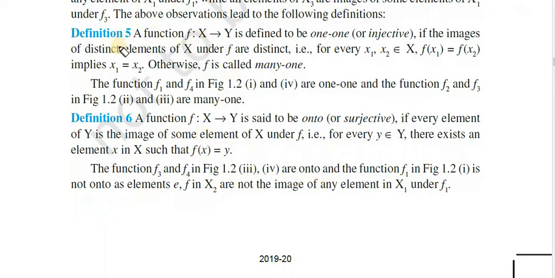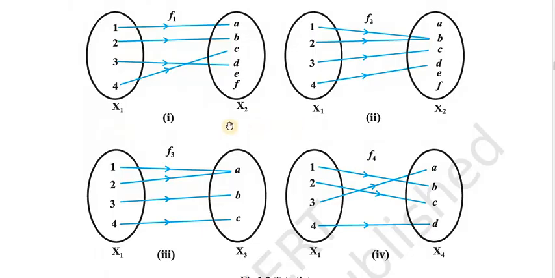So we'll just see a few examples and try to see the things. Here you have a few pictures of functions. You see 1 is going to a, 2 is going to b, 3 is going to d, and 4 is going to c. You see every distinct element is going to a different element.